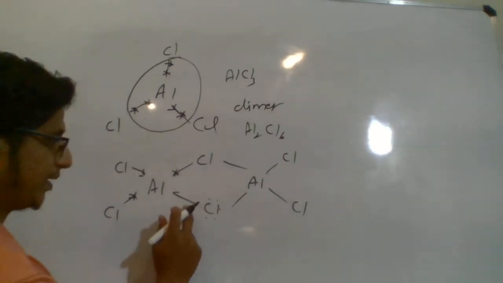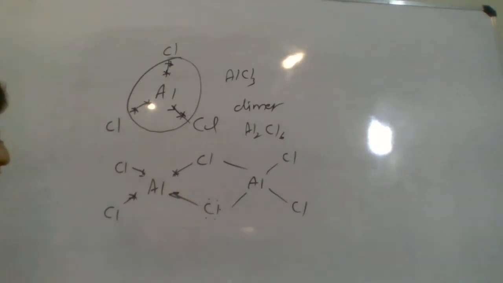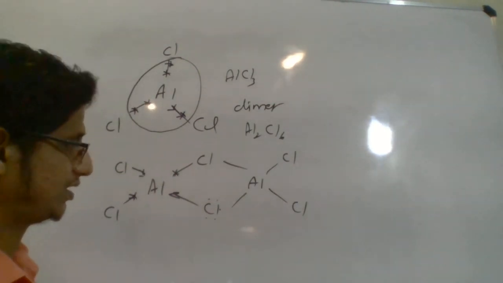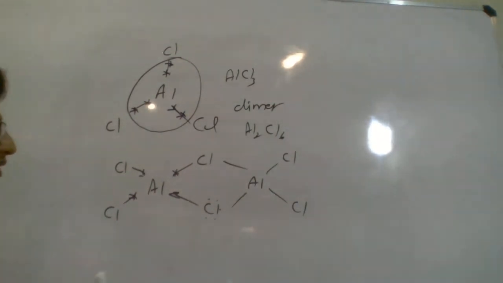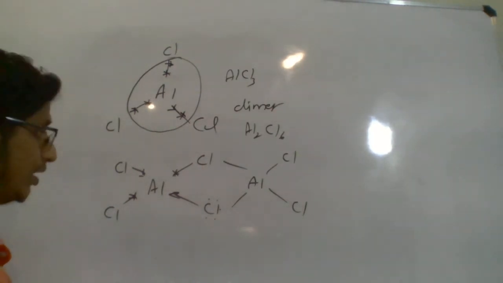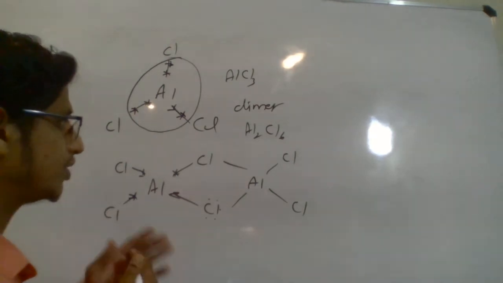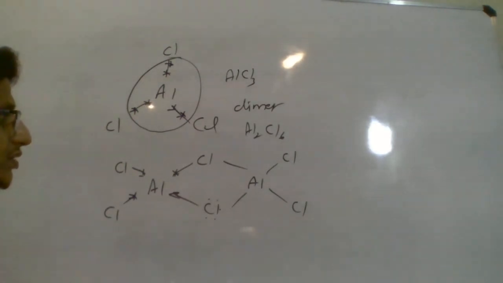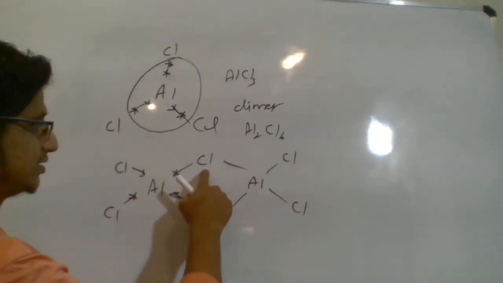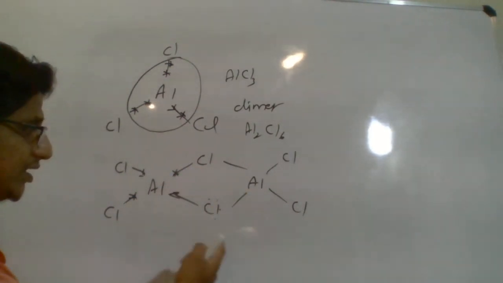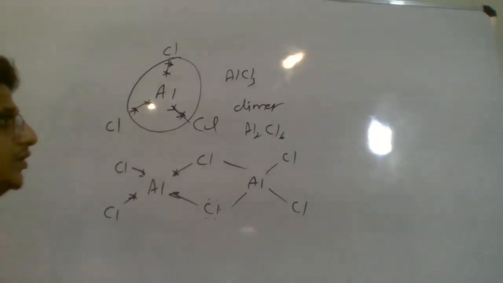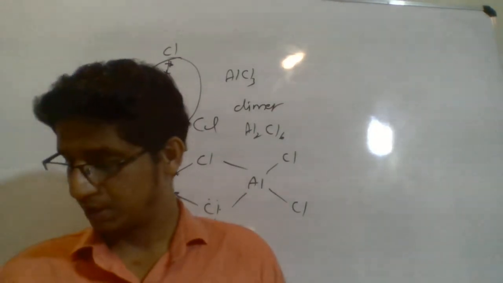One pair of electrons is utilized for the coordinate bond formation between aluminium and chlorine. That's the way the bonding will be, where you will see an aluminium-chlorine-aluminium bridge bond, where a pair of electrons is contributed entirely by one of the chlorine atoms. This is a normal Al-Cl covalent bond, the other will be a coordinate bond. That's the way the structure of the dimer will be, something that you can remember.